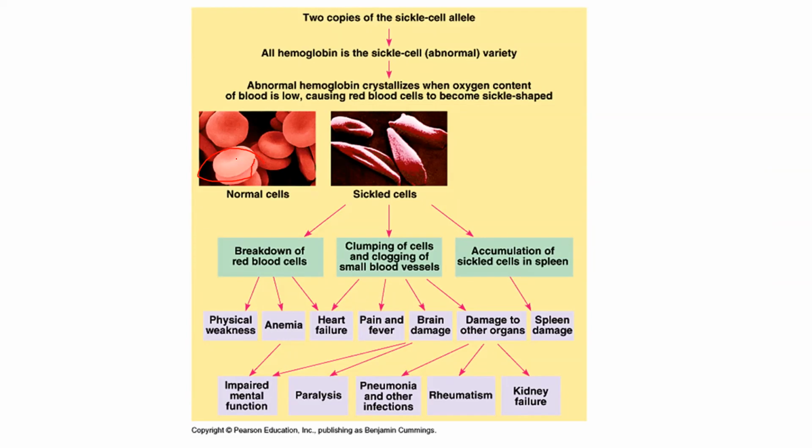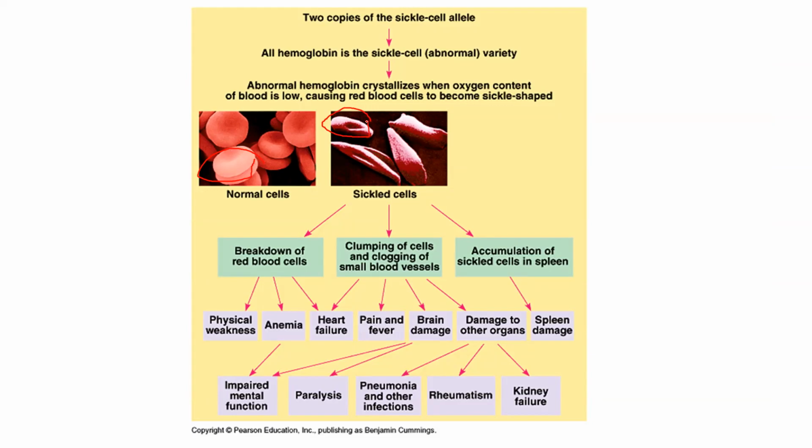It causes the hemoglobin molecule to change shape, to become crystallized. And when enough of these hemoglobin molecules become distorted, they distort the cell they're sitting in. So the cell itself starts to change shape. You end up, of course, getting these so-called sickle-shaped cells, right?